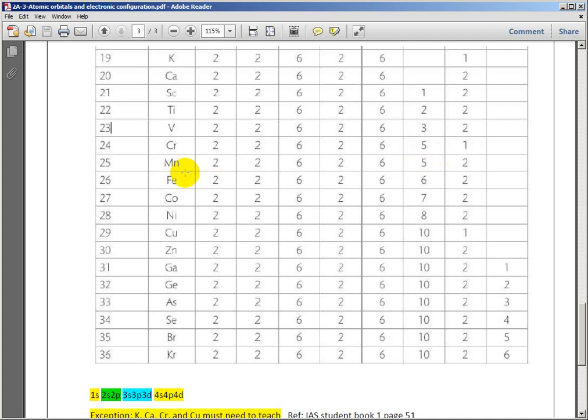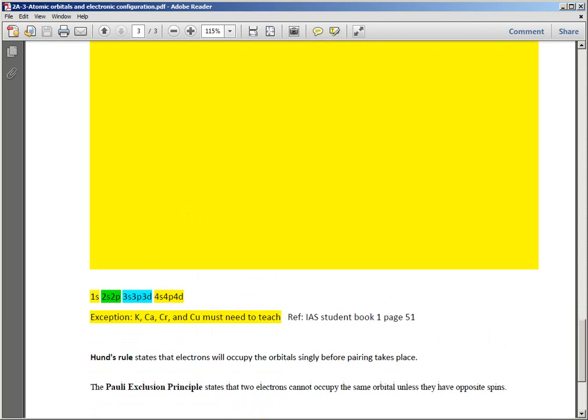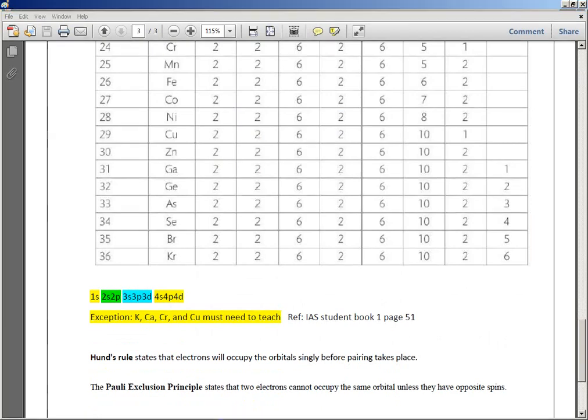Then manganese, 25. Now I am drawing this chromium electronic configuration.